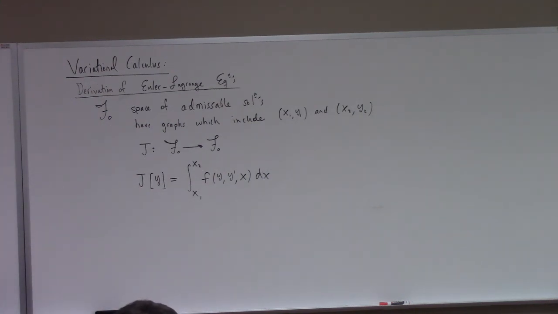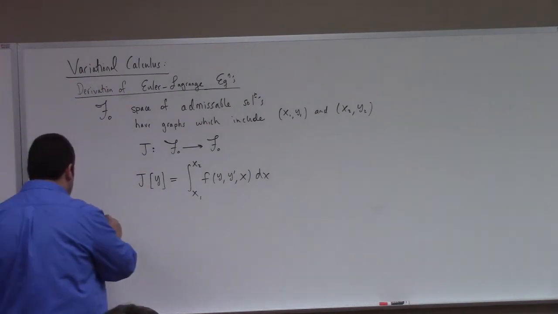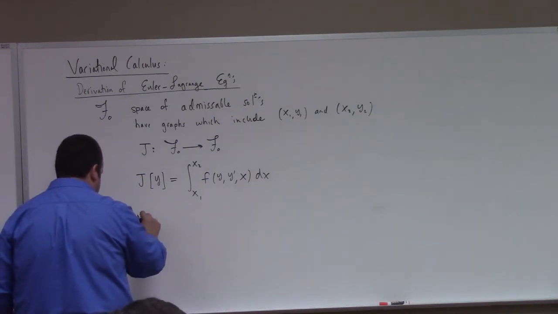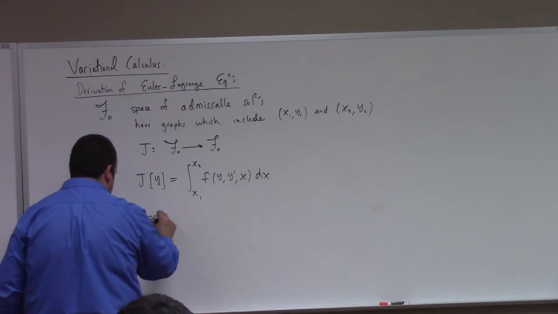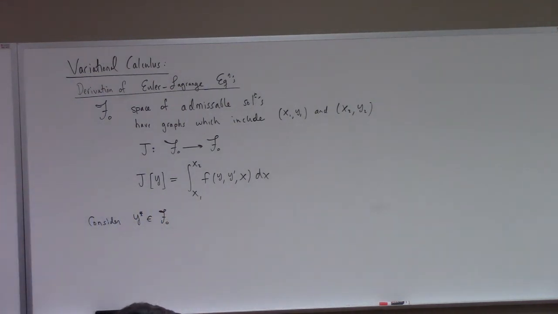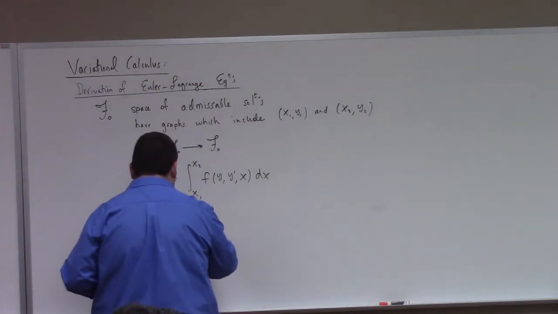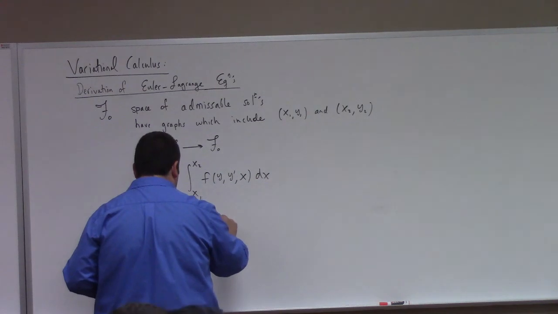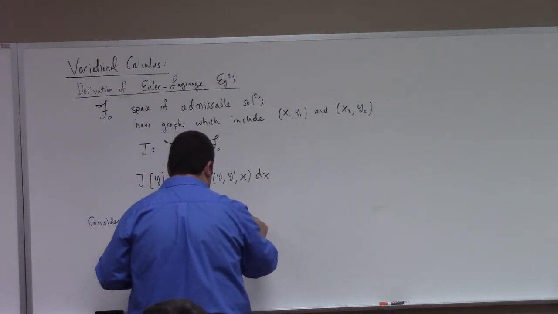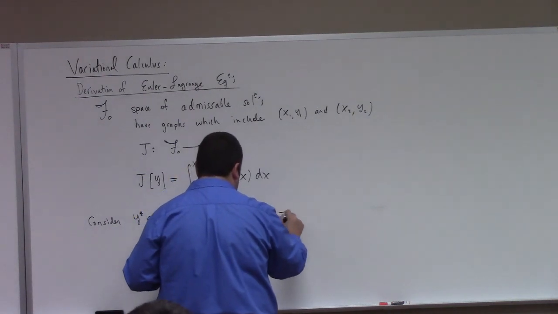Suppose we're given a function y star, an element of the space of admissible solutions. Then you could create another thing in the space of admissible solutions if you have another function, eta, such that eta of x1 equals eta of x2 equals 0.